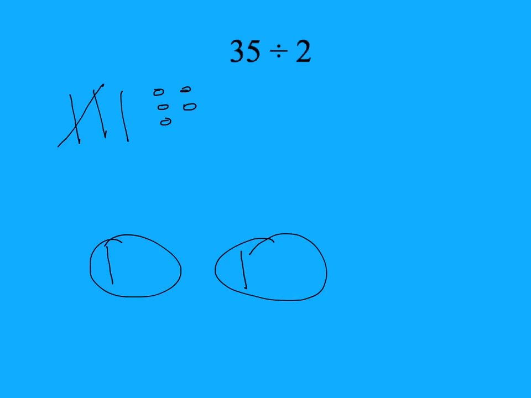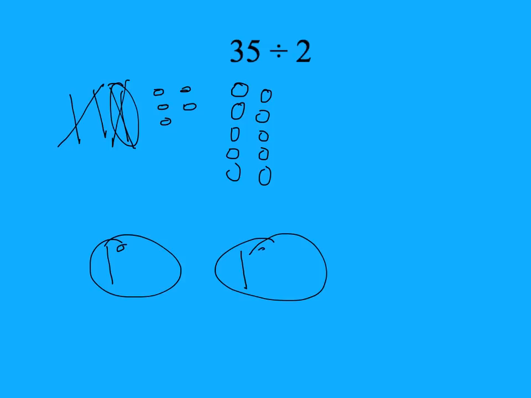I've used those. And now I do not have enough 10s to share amongst these 2 groups. So I'm going to break this 10 into 10 ones. So I need to regroup 1, 2, 3, 4, 5, 6, 7, 8, 9, 10. So I've now regrouped that. So now I have 15 ones to share equally amongst 2 groups.